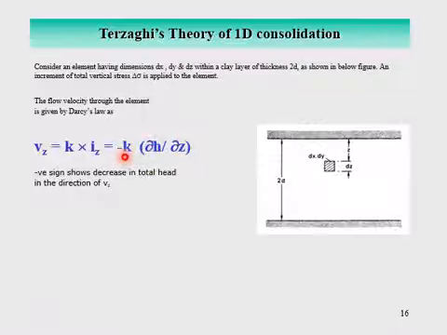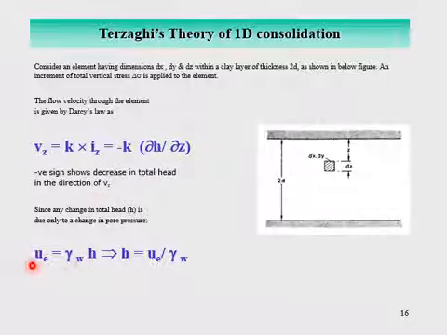It shows that in the direction of vz, the hydraulic gradient decreases, and you know the water would flow from high gradient to low gradient. So the negative sign shows that the head would decrease along the direction of the velocity.